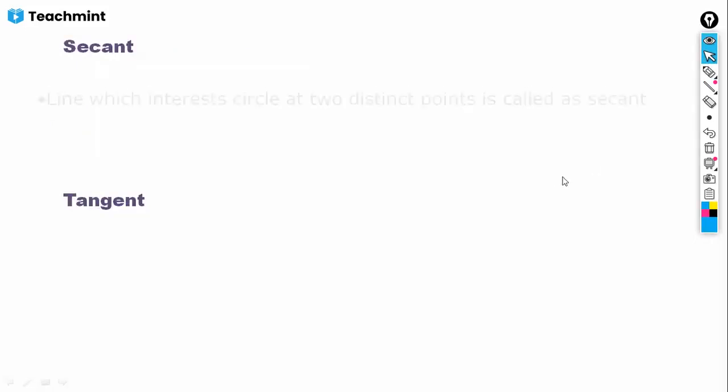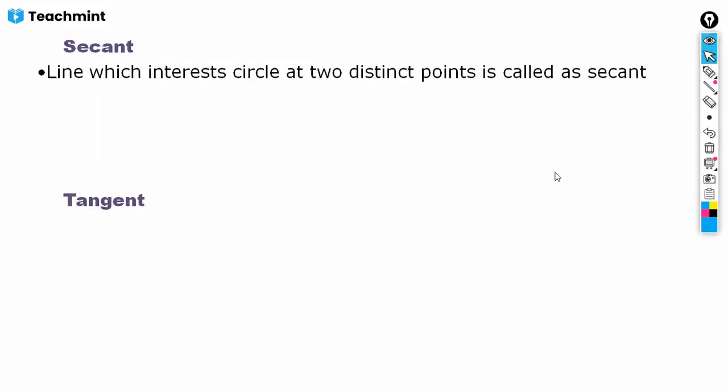Okay, see what is a secant. A secant is the line which intersects a circle at two distinct points. Distinct means different. When a line is intersecting a circle at two distinct points, that line is called a secant. Let us observe the diagram.